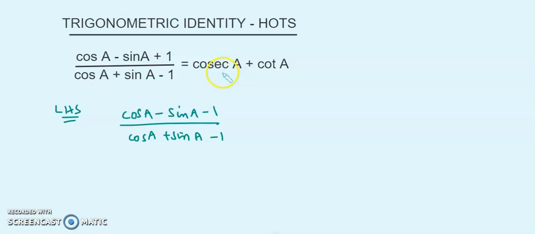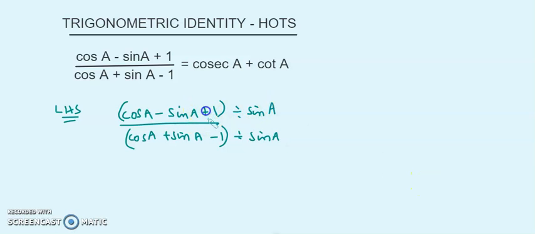and we know that cosec is 1 upon sine and cot A also has cos upon sine, right? So we are going to divide the numerator by the sine A and also divide the denominator by sine A. When we do that, it's cos A upon sine A upon sine A, and 1 upon sine A. Sorry, this is plus 1, right?